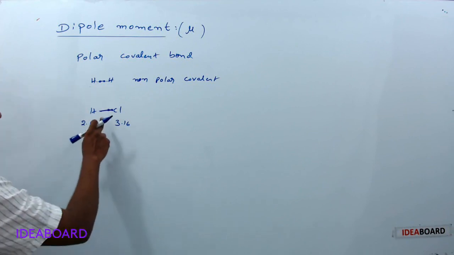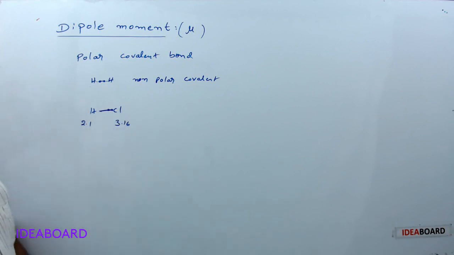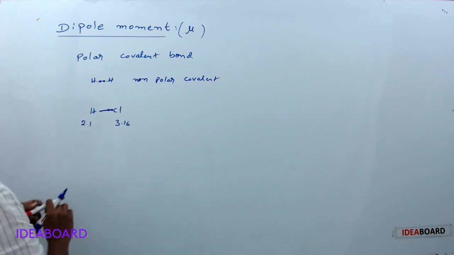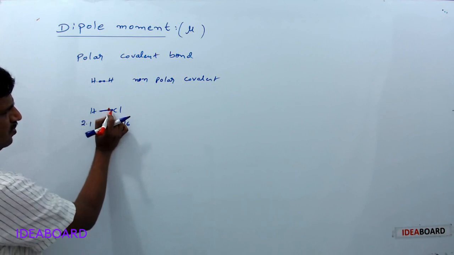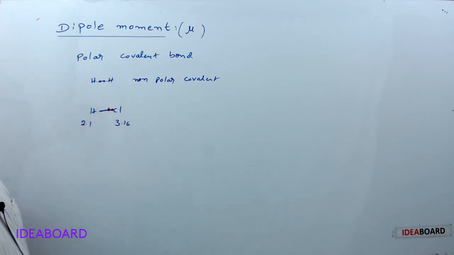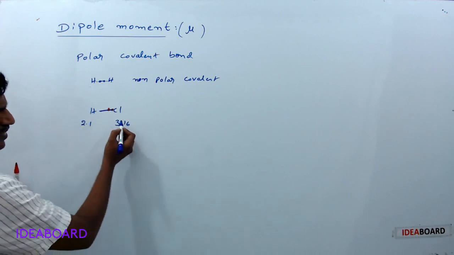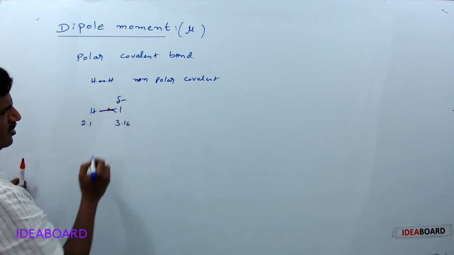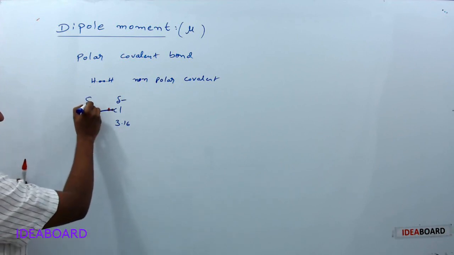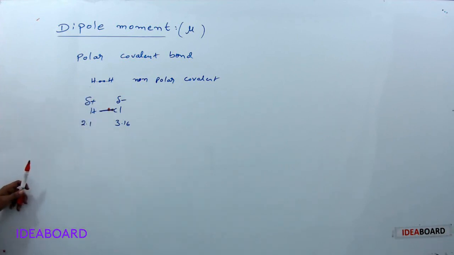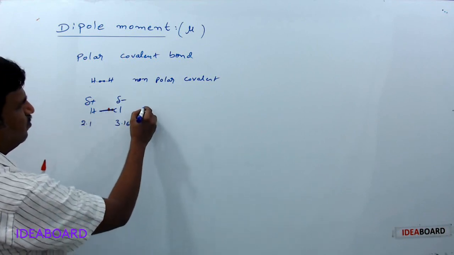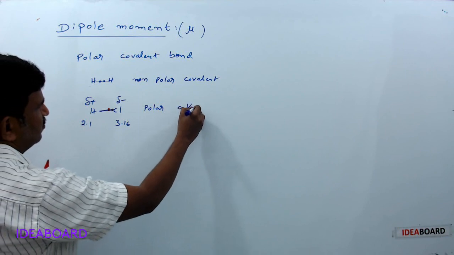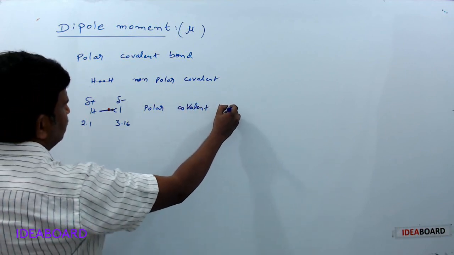So the electrons are more towards the chlorine atom and not towards the hydrogen atom. Because of this, chlorine gets a partial negative charge, hydrogen gets a partial positive charge, and this type of covalent bond is called a polar covalent bond.